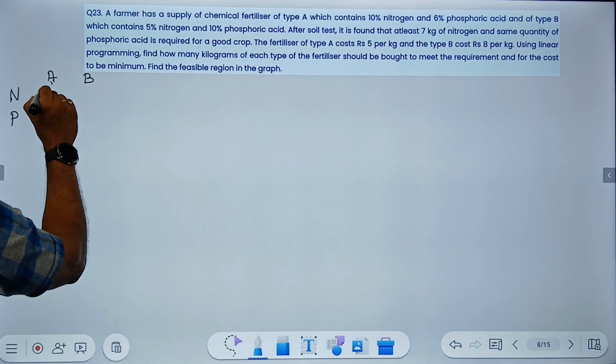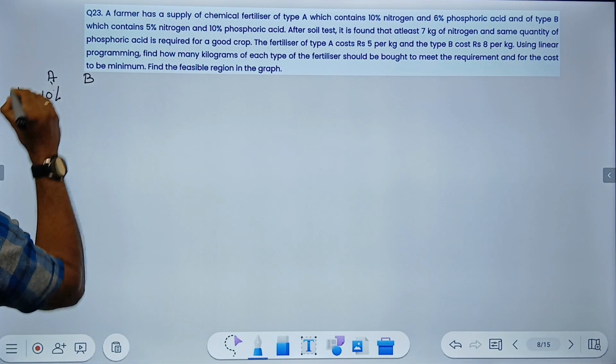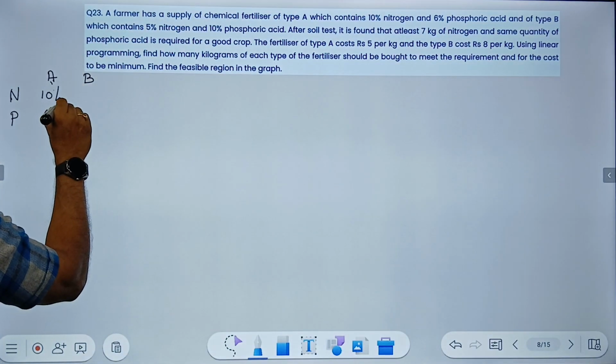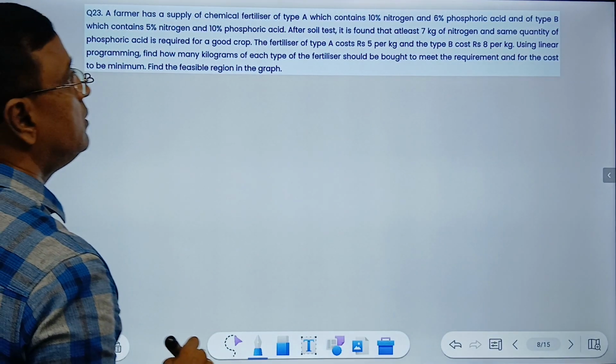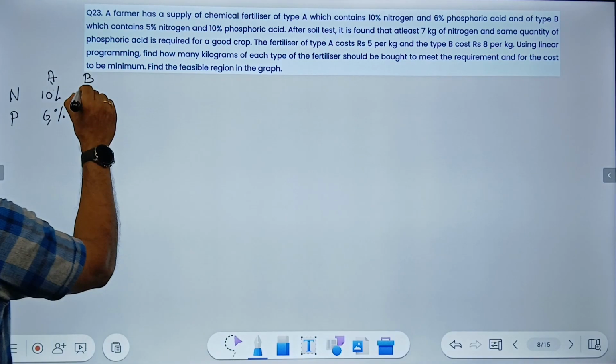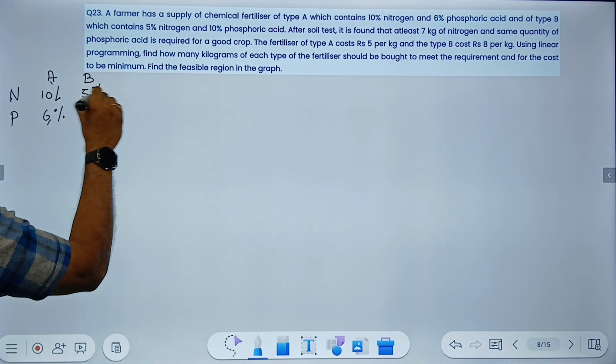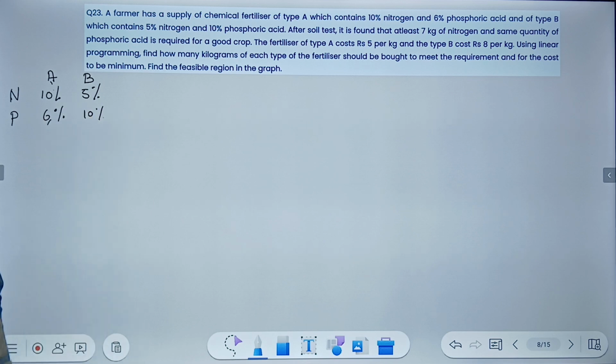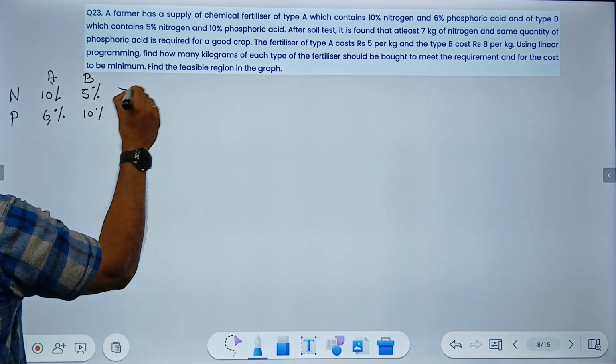Type A contains 10% of nitrogen and 6% of phosphorus, and type B contains 5% nitrogen and it contains 10% phosphorus, and it is found that it has at least 7 kg.